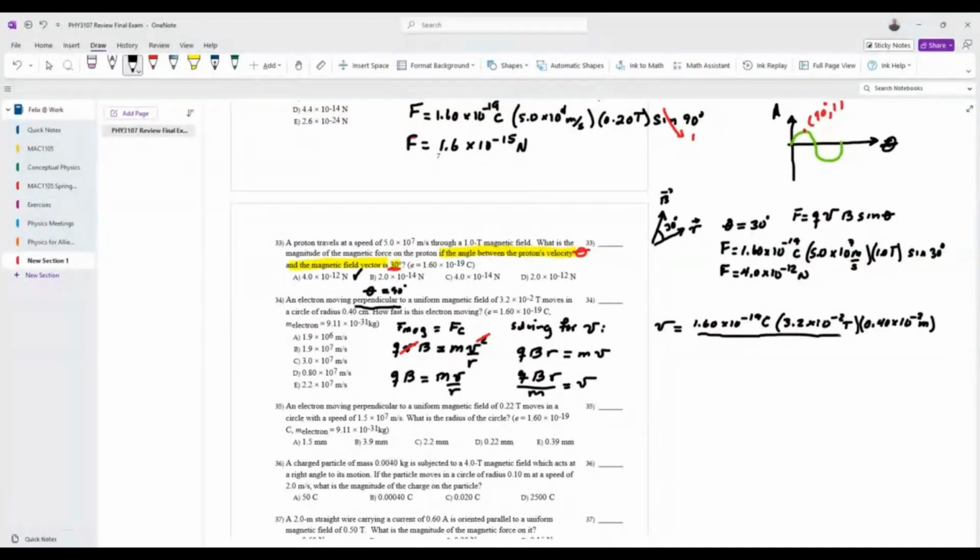Divided by the mass. The mass of who? The mass of the electron is given also here. They say the mass of the electron is 9.11 times 10 to the negative 31 kilogram.